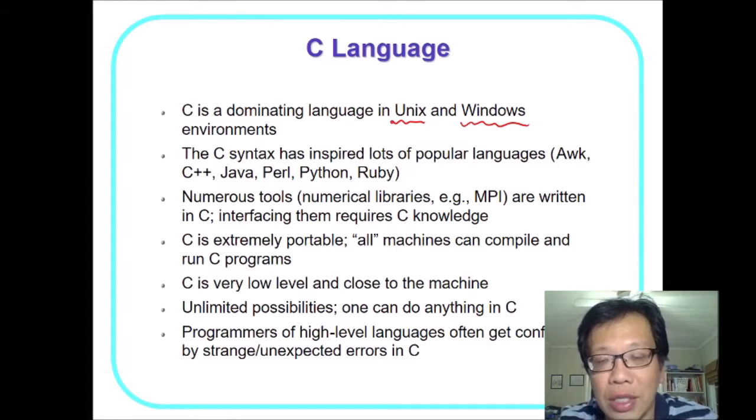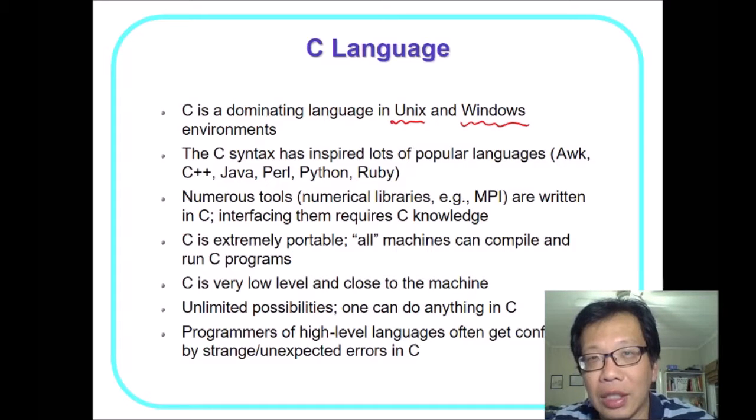We can still use C to access those hardware level input-output functions. So there are many benefits to learning the C language. That's the reason we are going to talk about C in this course.